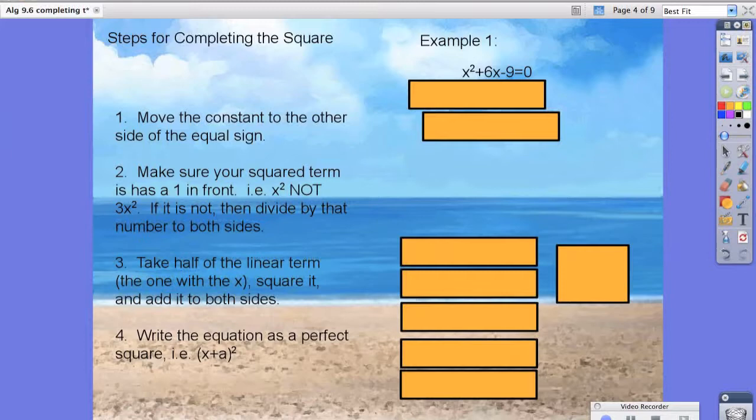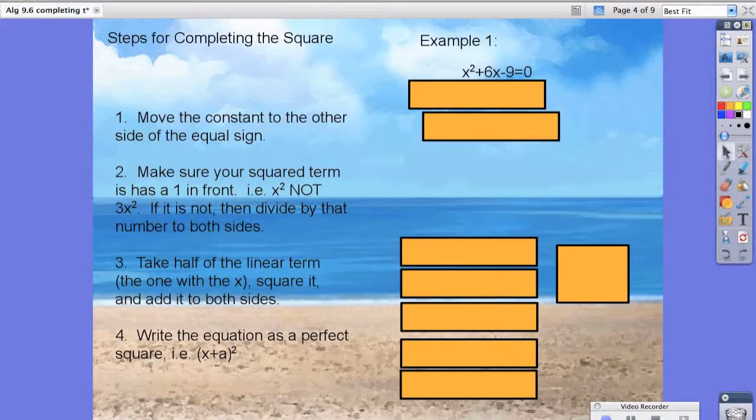If it is not, then divide both sides by that number. Step 3 is to take half of the linear term, the one with the x, square it, and then add that number to both sides. Step 4 is to write the equation as a perfect square, as in x plus a quantity squared.